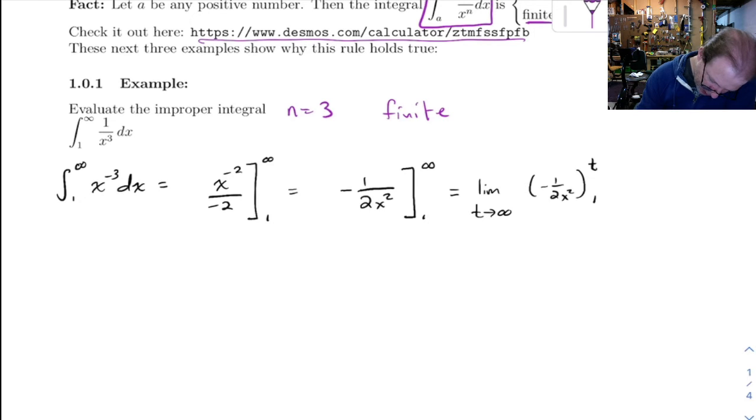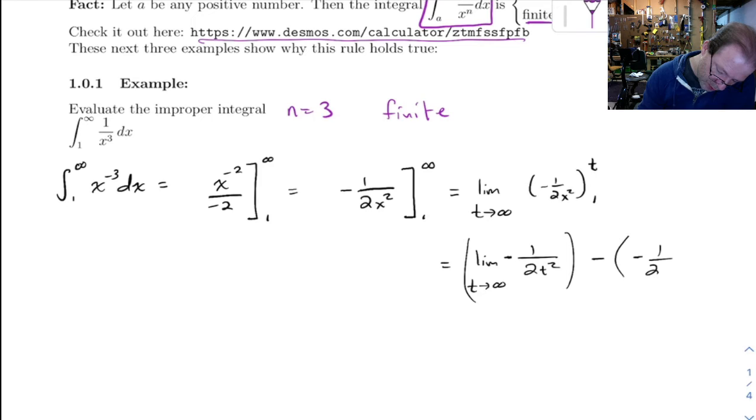So when I do that, I get the limit as t goes to infinity of -1 over 2t squared, and then when you plug in the 1, you get -1 over 2 times 1 squared.